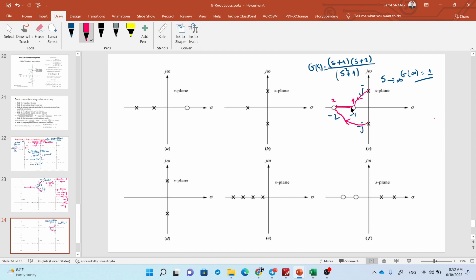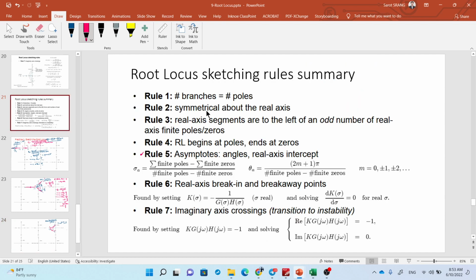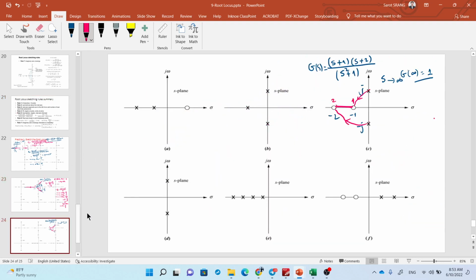How about this? Three branches. So more than the number of poles, right? And rule number two, symmetrical about the real axis. So this is totally wrong. Not symmetric at all.